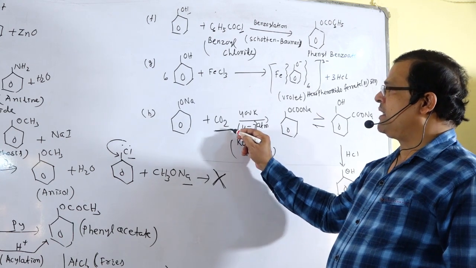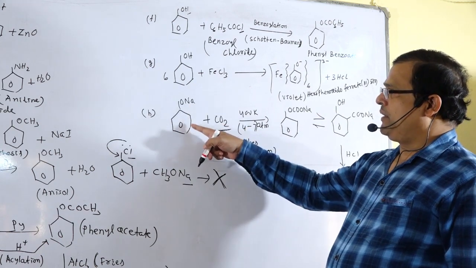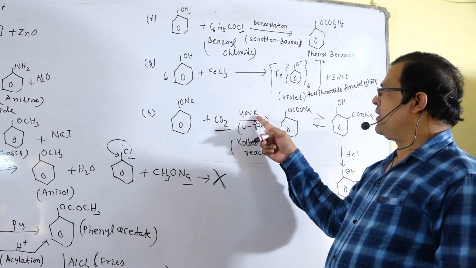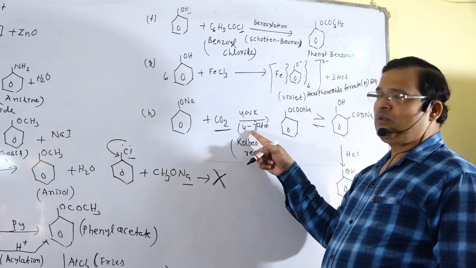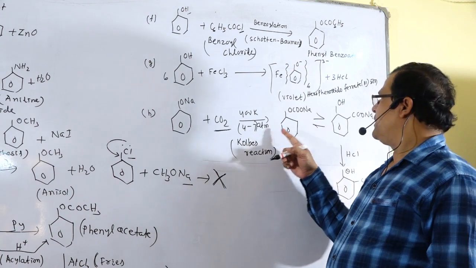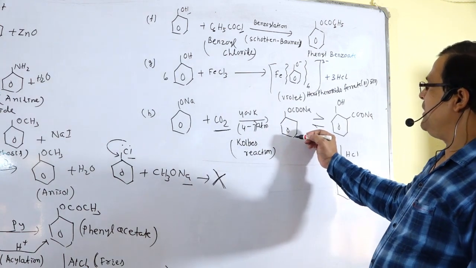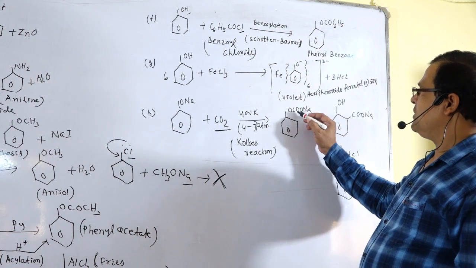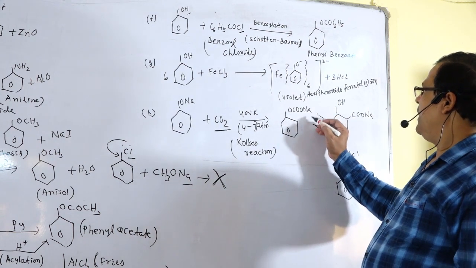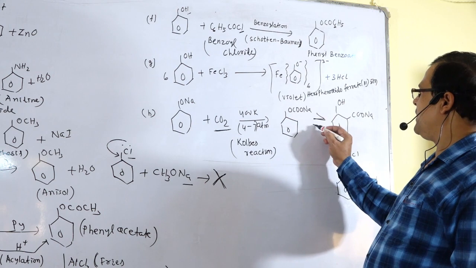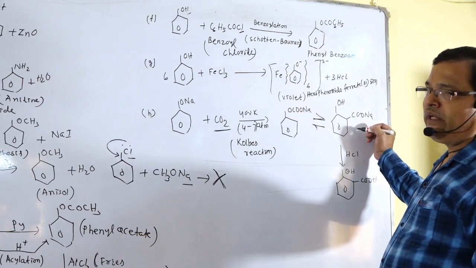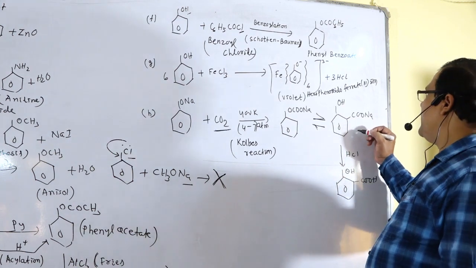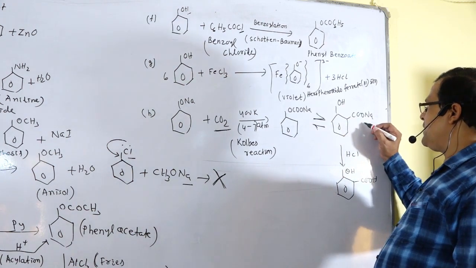Carbon dioxide gas is passed through sodium phenoxide at about 400 Kelvin, 4 to 7 atm pressure, so that the compound benzene attached to OCOONa is formed, and that gets rearranged to form the sodium salt of salicylic acid.